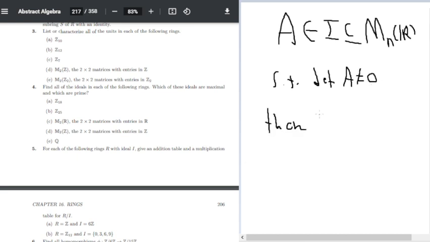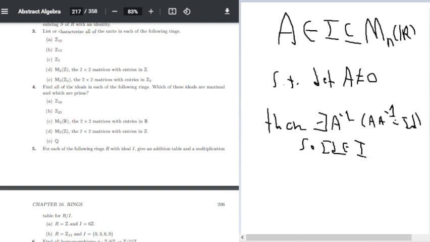Then there exists an A negative 1 with A times A negative 1 equal to the identity. So the identity is in I, which implies that I is equal to Mn of R. So basically, any ideal that contains a matrix of non-zero determinant is the entire set of matrices.